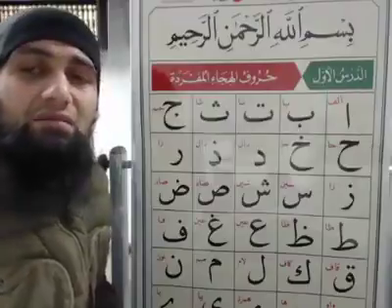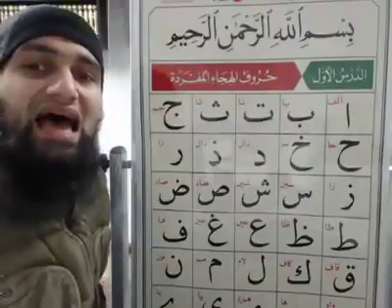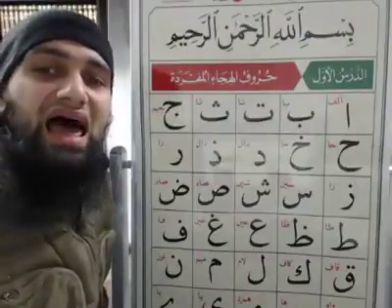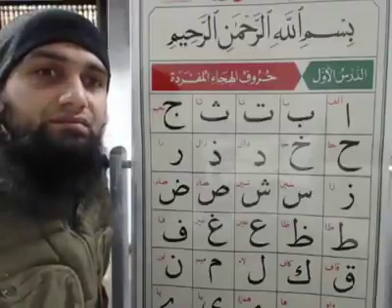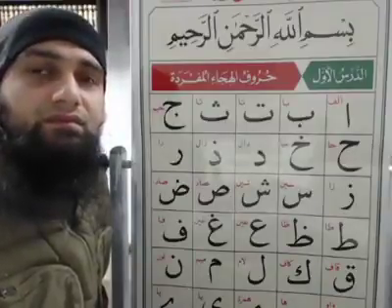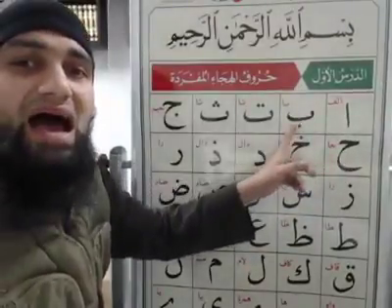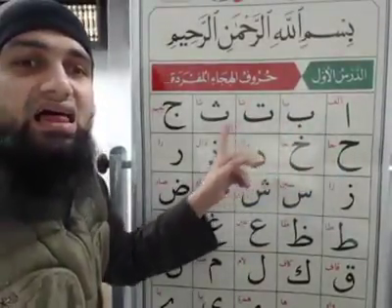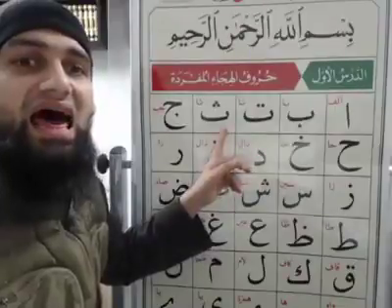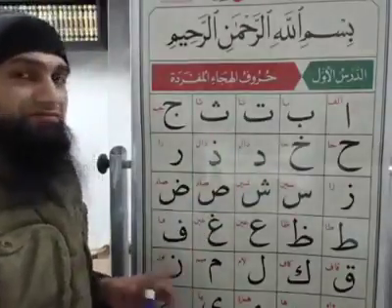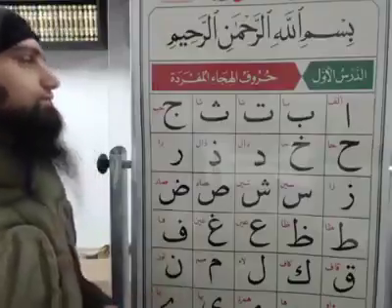Alif, ba, ta, fa. Okay. Alif, ba, ta, fa. Very good. So we got 4 letters down.